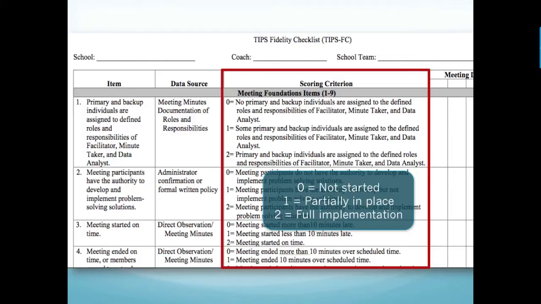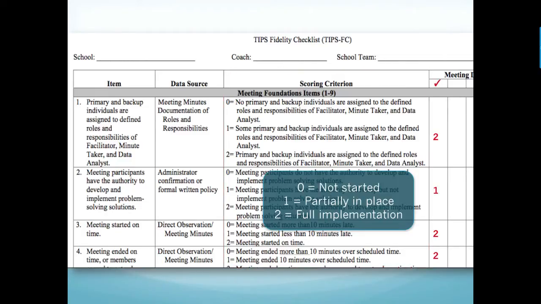A score of 1 is that these are partially in place, with a score of 2 reflecting full implementation. And then on the Word document and also in our Excel sheet, we have areas for us to list the date of the meeting and enter our scores.